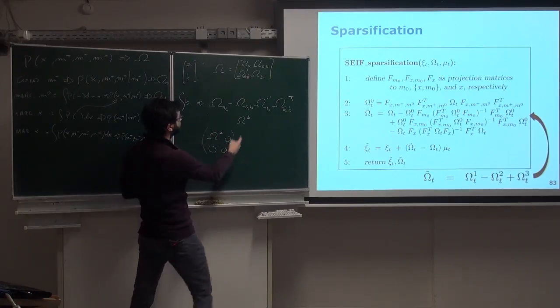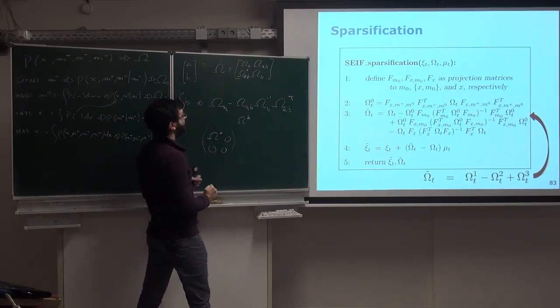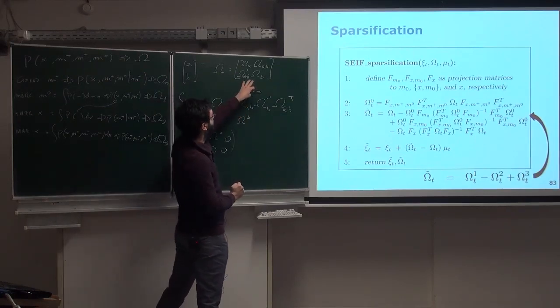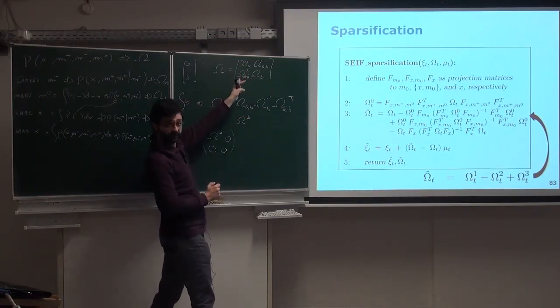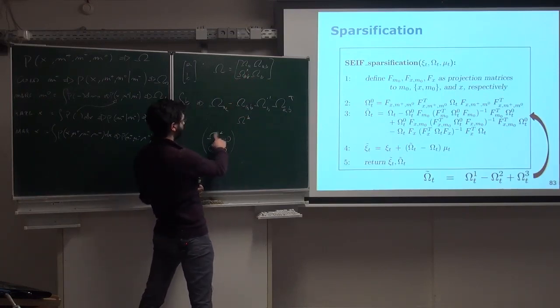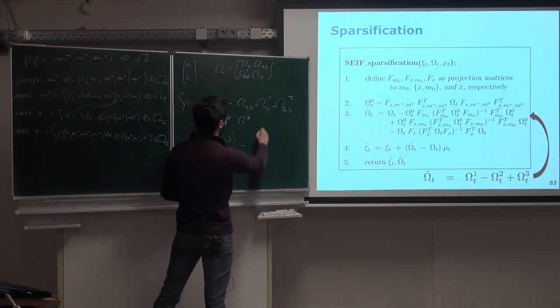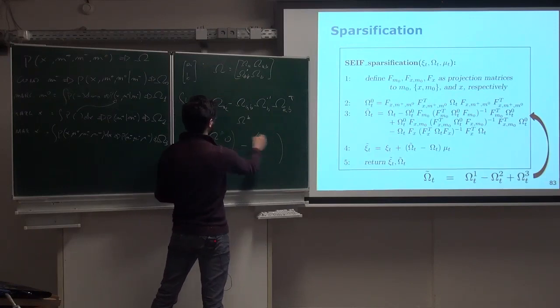And our previous matrix is done like this. We don't want to change parts of that. So we only want to change the part that we really care about. And therefore, we can put the omega star here, or we can keep it as it was before, and we'll just do the minus of this part up here.